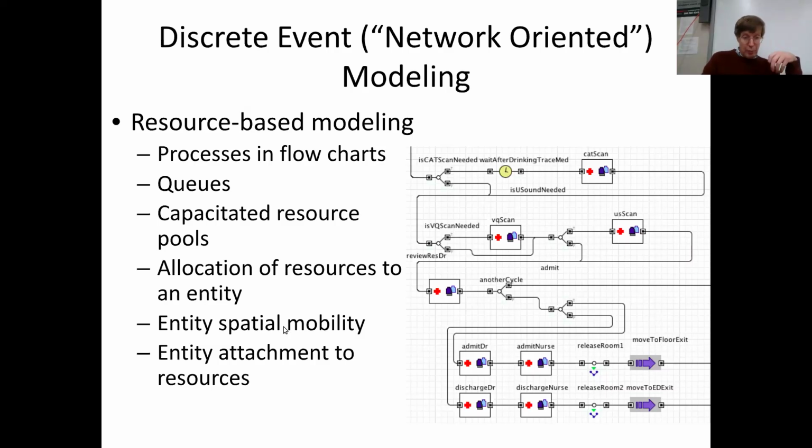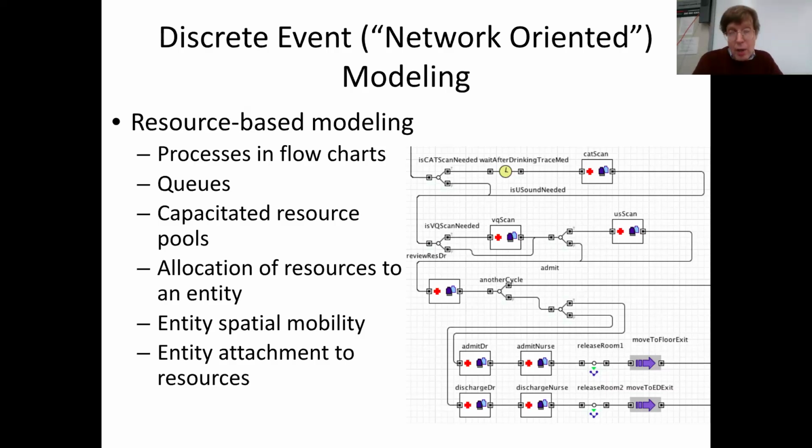Entities commonly move around spatially, but they are often attached to resources. For example, attached to a gurney, attached to a wheelchair, attached to a nurse, attached to a physician who accompanies them. And therefore, whither the entity goes, there goes the resource with it, because they are allocated to the resource and they are attached to the resource.